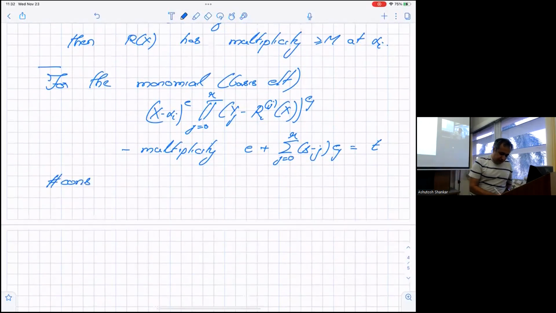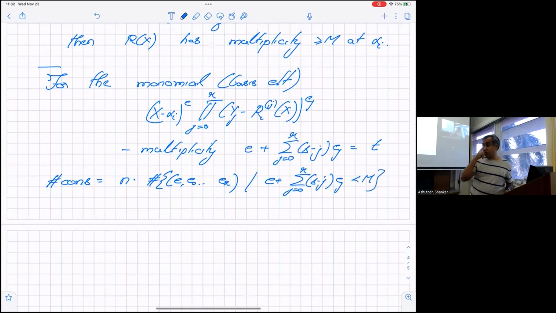The number of constraints is n times the number of tuples E0 up to Er, such that E plus the summation over j equals 0 to r of (s minus j) Ej is less than that bound. These are both very similar quantities, with different weightings and different targets, and we need to get an estimate on both of these numbers. We want to ensure that one of them is more than n times the other one.